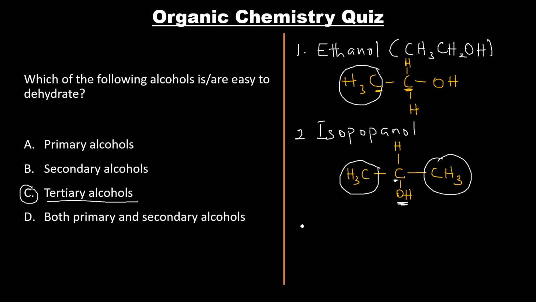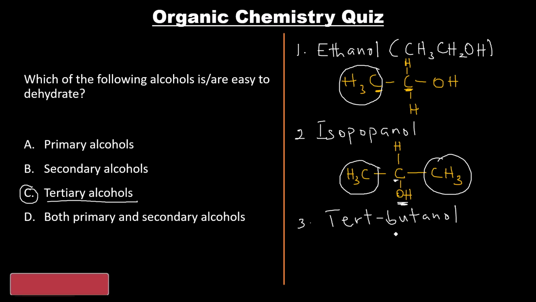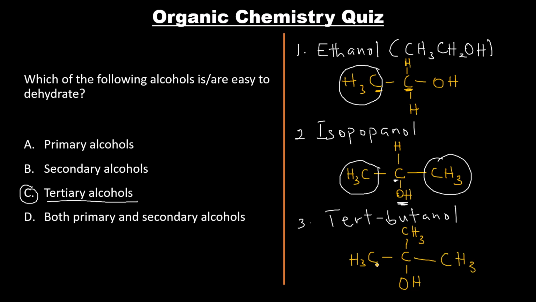Our third example, which is the tertiary alcohol that we pick, will be tert-butanol. And this is the structure. So this is a tertiary alcohol. Why do we say so? You realize that this carbon, which is attached to the OH group, has 3 alkyl groups attached to it.